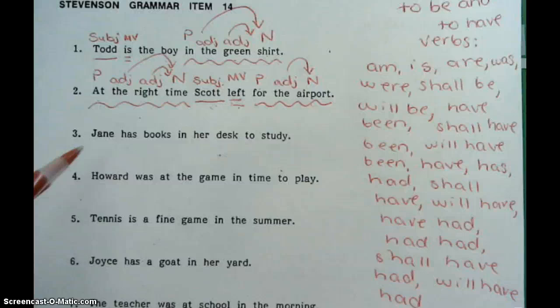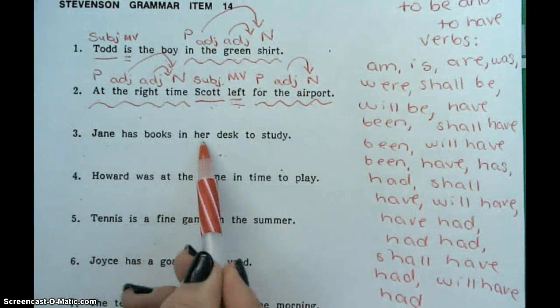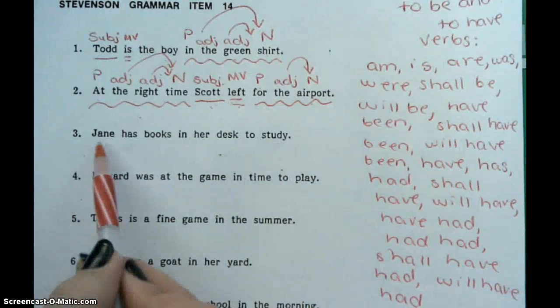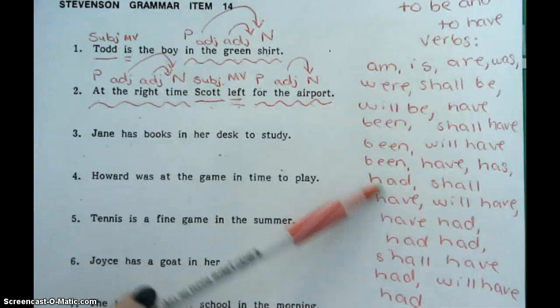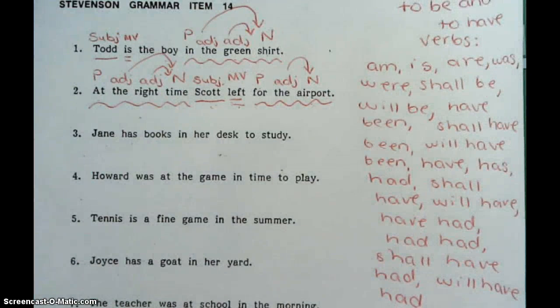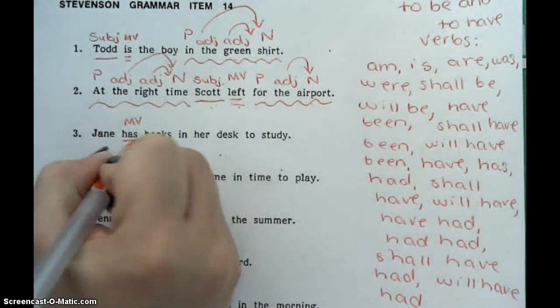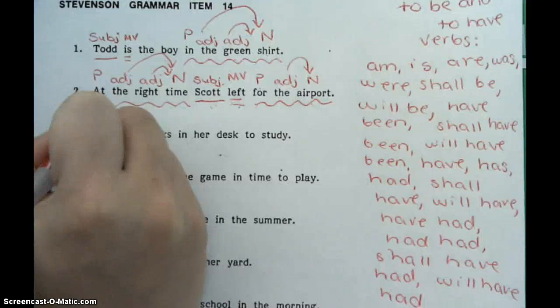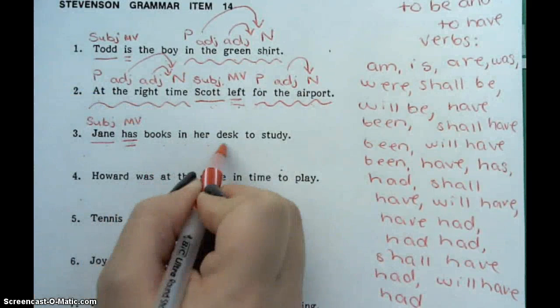Okay, let's go on to number 3. Jane has books in her desk to study. So Jane has, let's look at our list. And we have has right here. So we know that that is a to have verb. So we're going to mark this as our main verb, double underline, and Jane is our subject. So books in her desk to study.